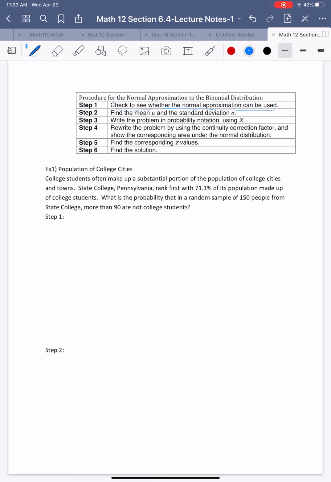Let p represent the probability that a person in State College is not a college student.